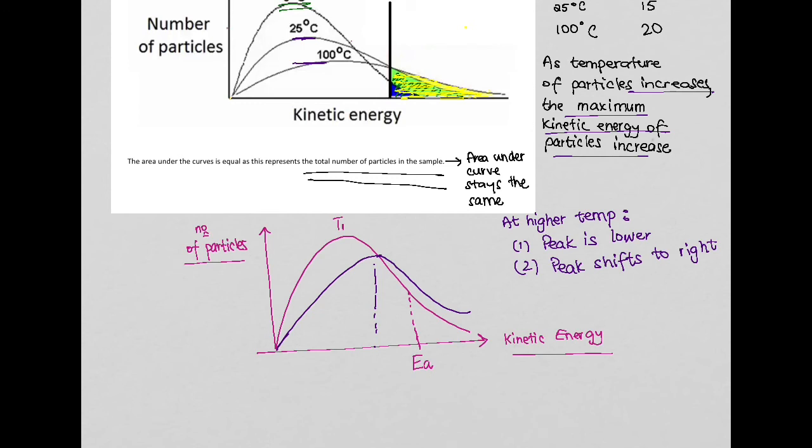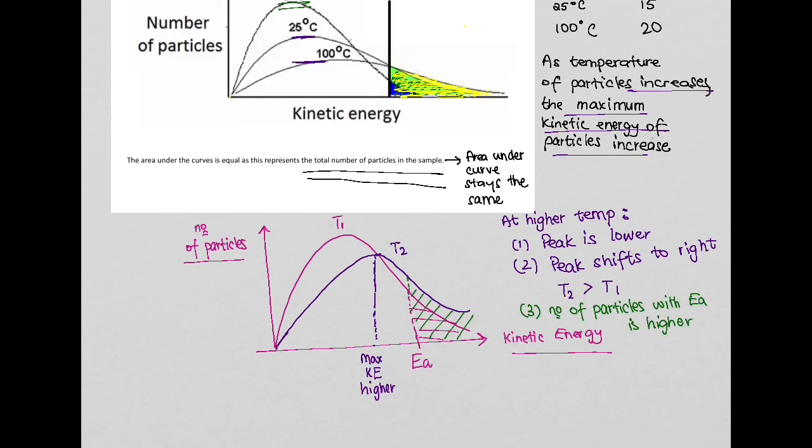And of course, over here it will not meet the x-axis. You can see that the number of particles with kinetic energy greater than the activation energy is higher for the graph under T2.